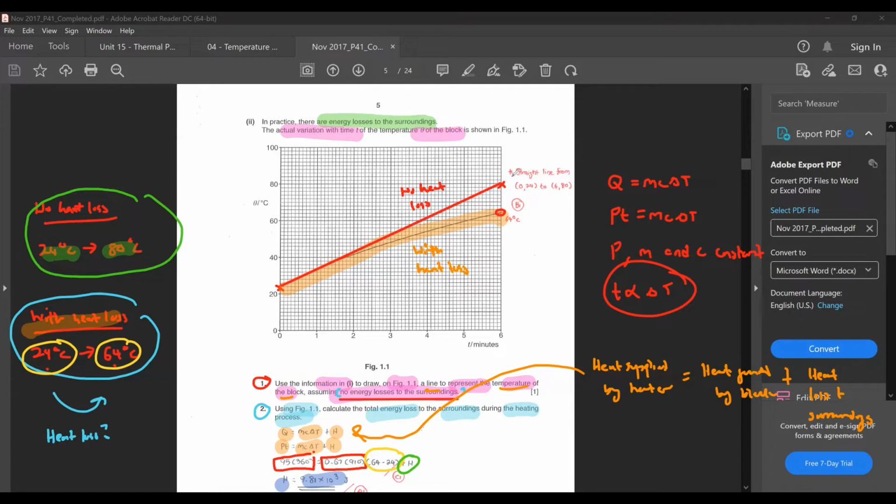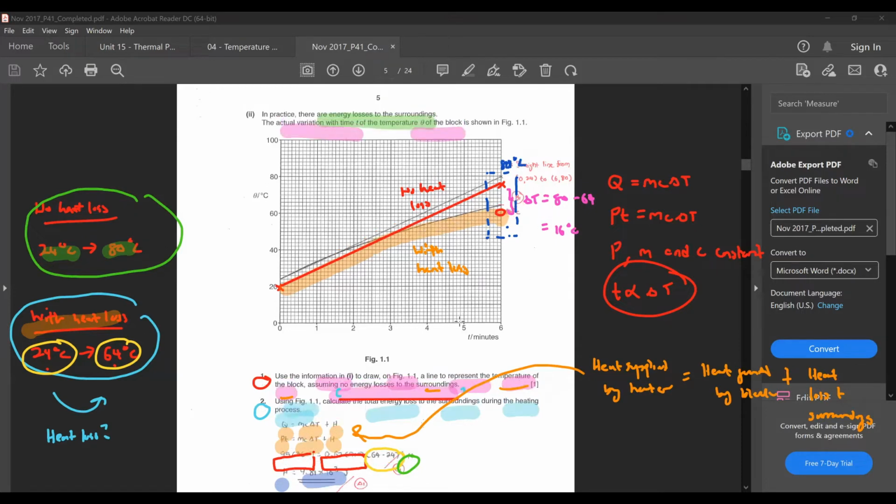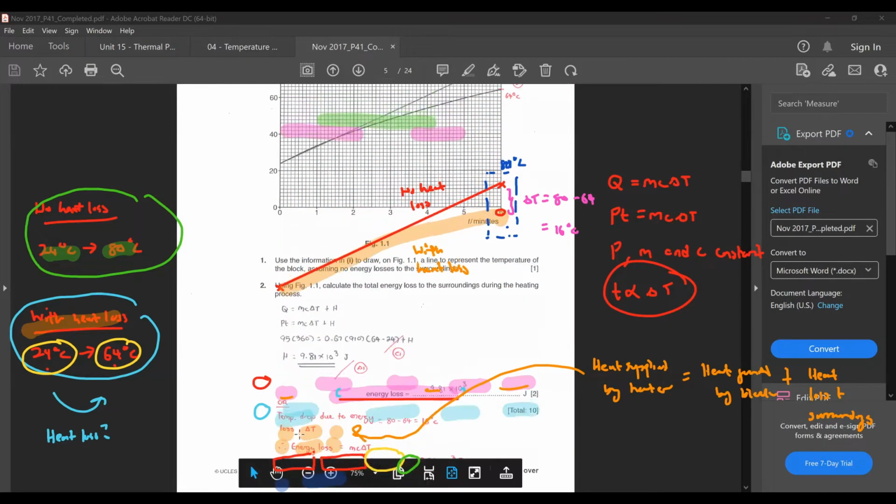Okay, now you look at the final temperature of your block at the end. With no heat loss, it was going to give you 80 degrees centigrade. With heat loss, it's going to give you 64 degrees centigrade. Now, this one represents a temperature difference of 80 minus 64, giving you a temperature difference of 16 degrees. You could have actually just found out the heat loss directly by just using Q equals mc delta theta.